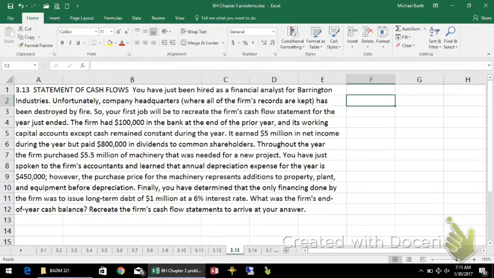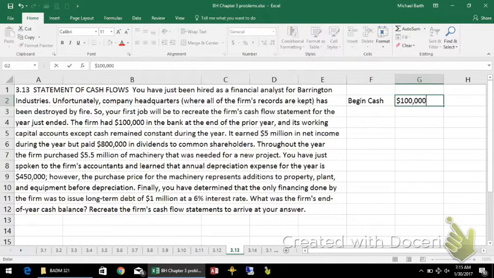At the end of the prior year, they had $100,000 in cash. So that's what you started this year with. Started this year with $100,000 in cash.